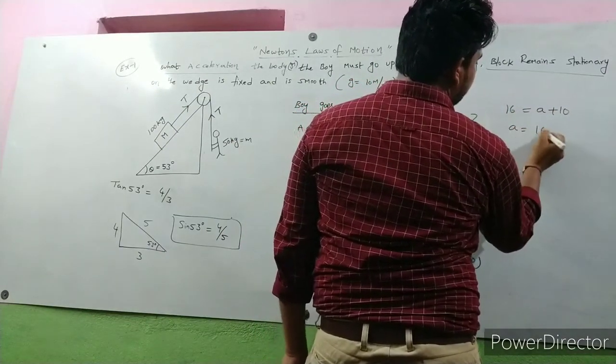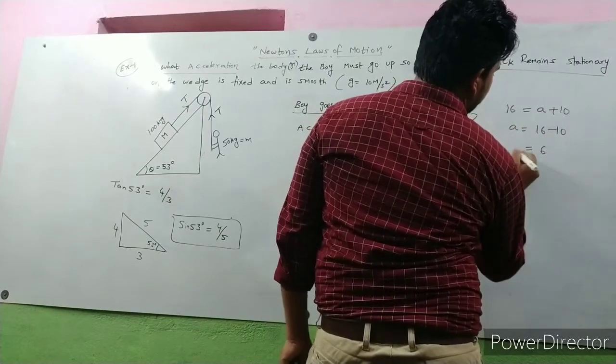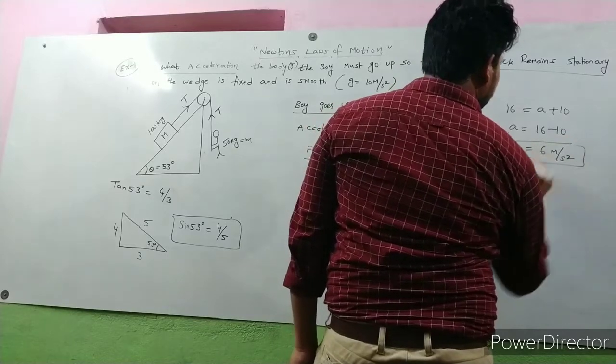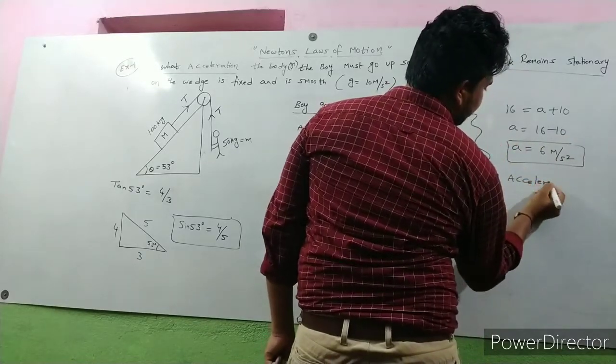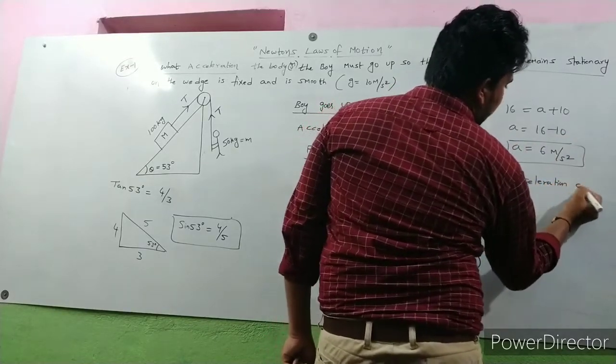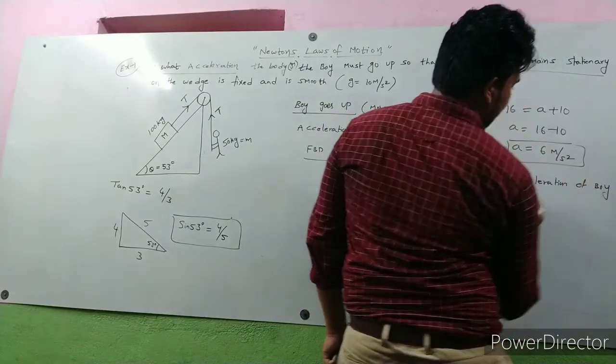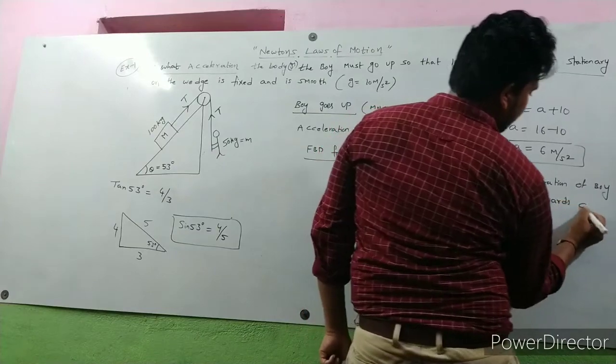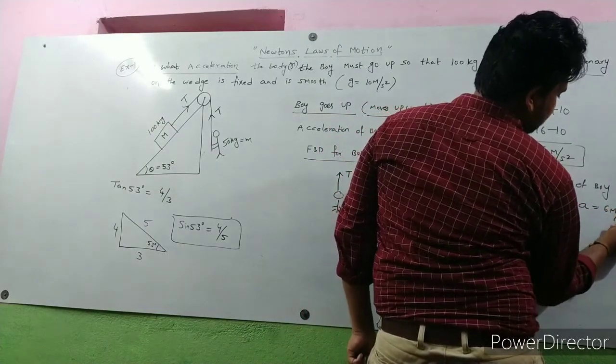Then a is equal to 16 minus 10, which is equal to 6. So the acceleration of the boy is 6 meters per second square.